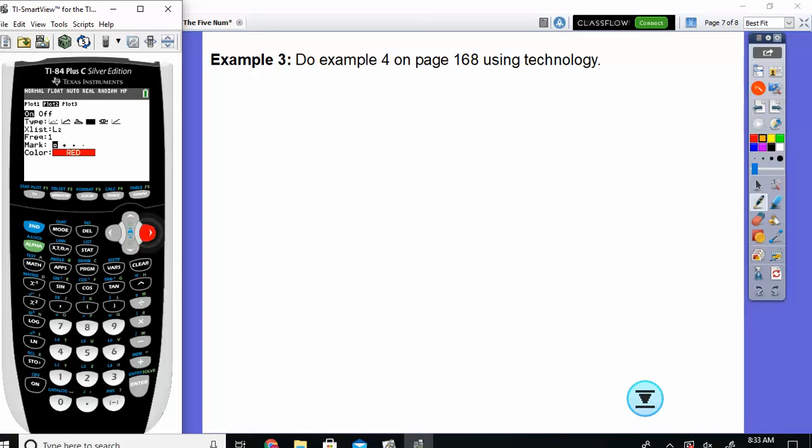And I also want the box plot, so the next to last one there. And your X list on that one should be L2. I don't want to graph the same list twice. I want that one to be L2. If you need to change it, you can hit second, and you can see above like your 1, 2, and 3 keys. There's L1, L2, L3. So you can change it if it doesn't automatically change for you. Okay, did everybody get both of those plots turned on to box plot?